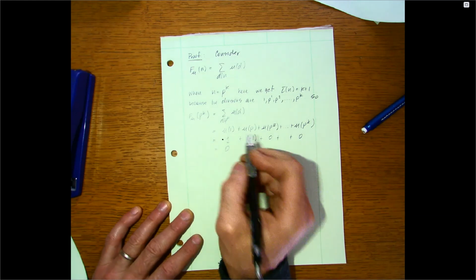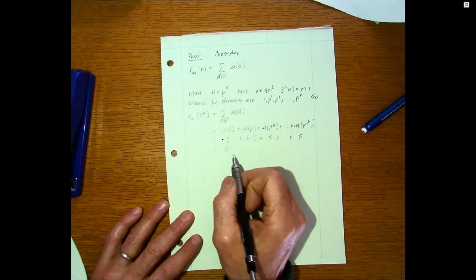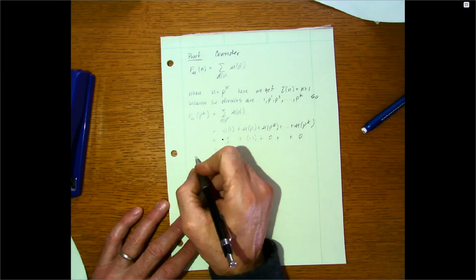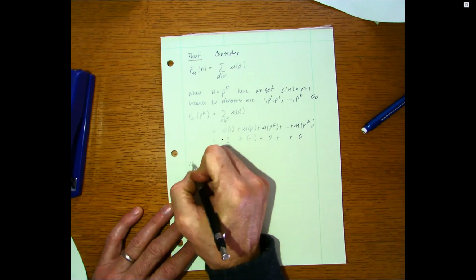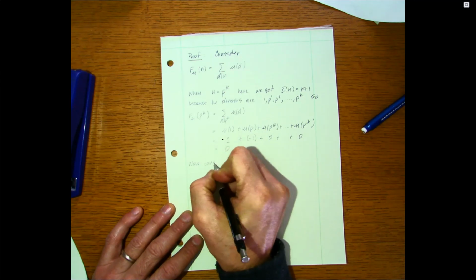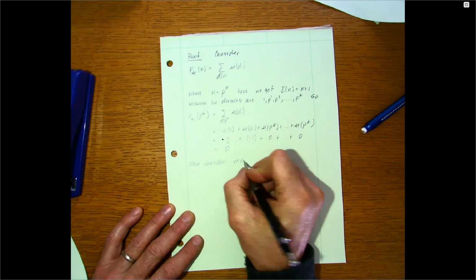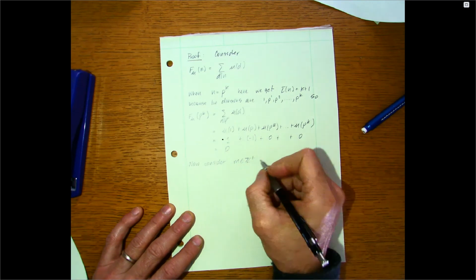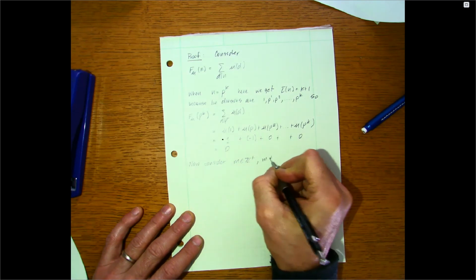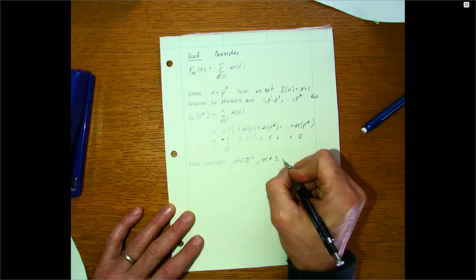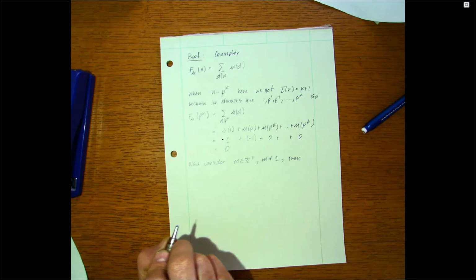So if we now expand that, I mean, this is the source of the 0, I think. If we expand that now to consider some m in the positive integers, and let's let it not be equal to 1, then what can we say?